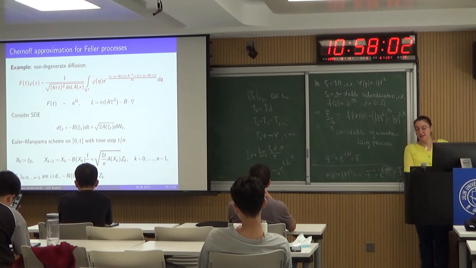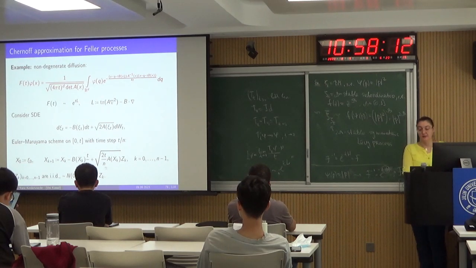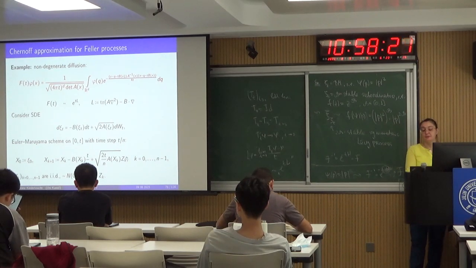So we can take just z_k, which is a standard normal Gaussian, and multiply it by the square root of t over n to get the needed variables. So we just take a family of independent, so IID in that case, variables and construct this chain. So x_0 is just the initial value of this SDE.